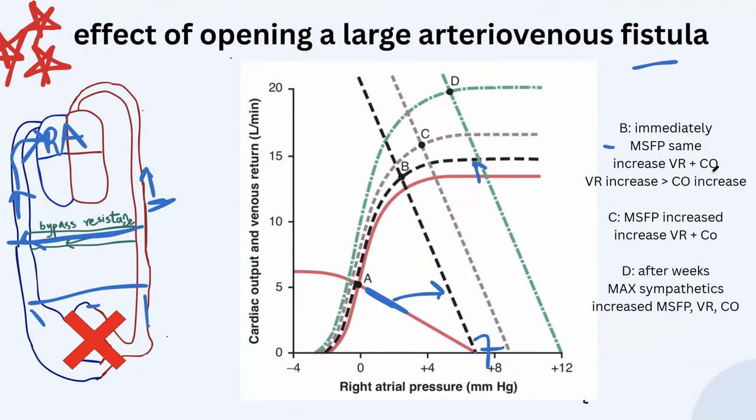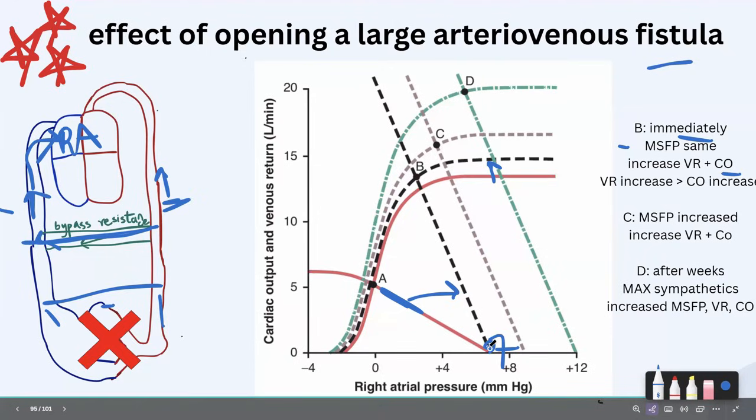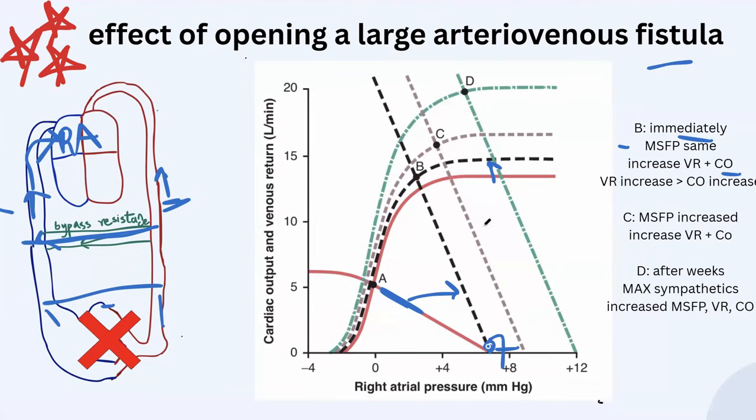So the cardiac output also increases. What I want you to note here is that this is immediately after the fistula, and immediately after the fistula, the MSFP is the same. It doesn't increase. However, the venous return increases and the cardiac output also increases, and the venous return increase is greater than the cardiac output increase. You should know this.